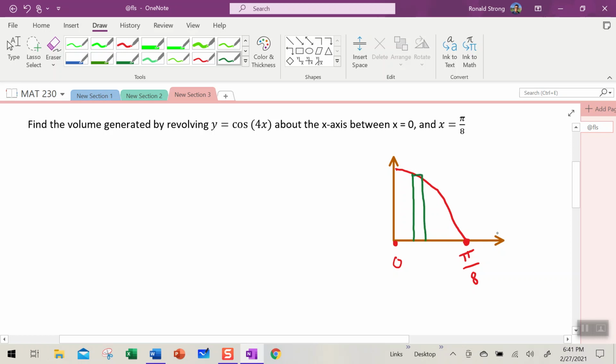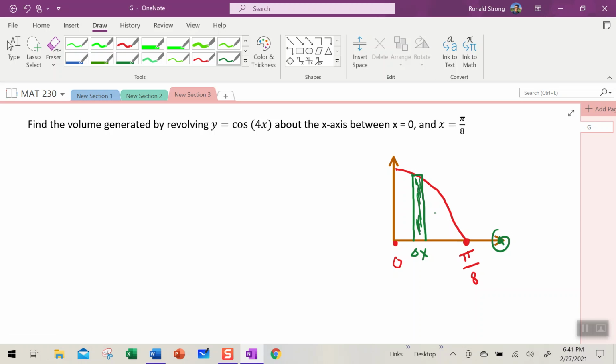Now, we're revolving this around the x-axis. And with the rectangle that looks like this, then clearly we are going to be integrating with respect to x. And the disk method would be the method that we would want to use.